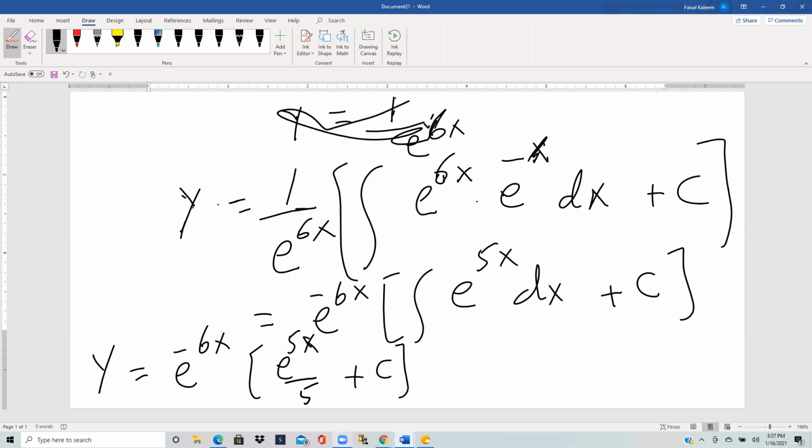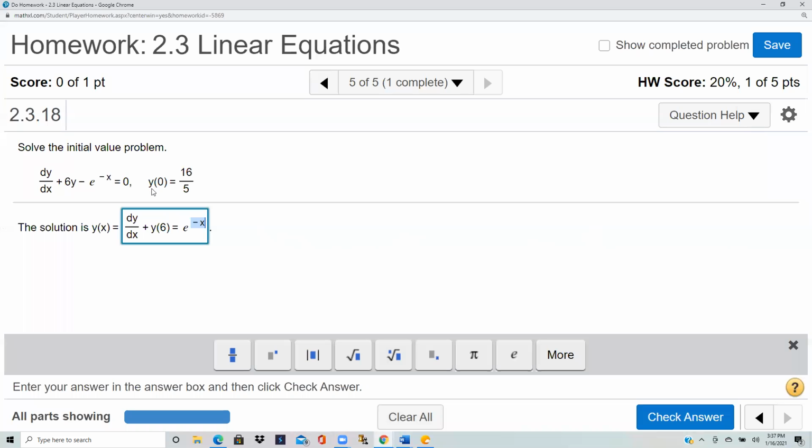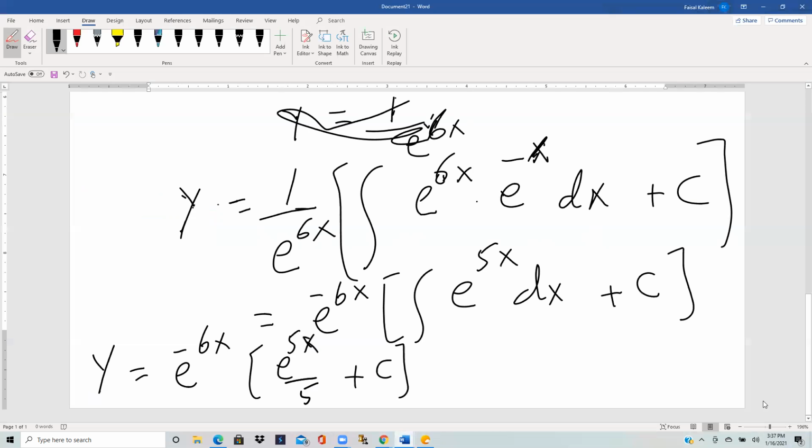And what was the initial condition? This time the initial condition was y of 0 equals 16 over 5. So you replace x with 0 and y with 16 over 5. y is 16 over 5. x is 0.